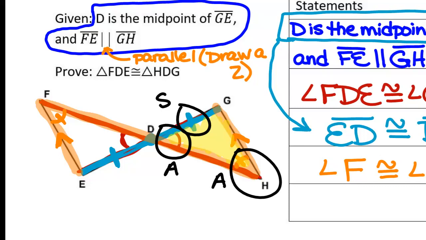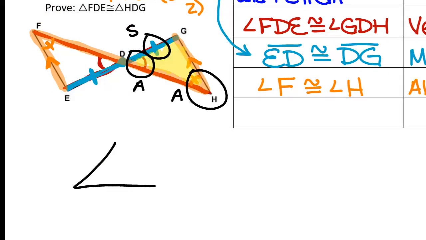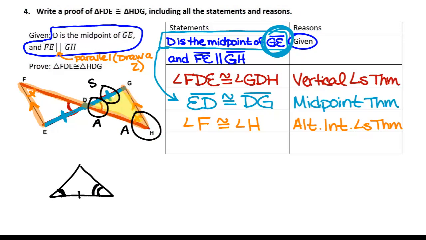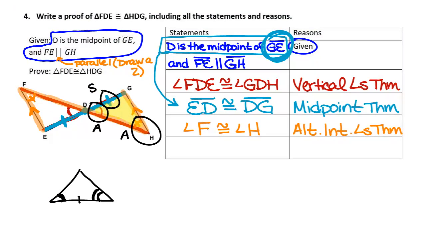That's angle, angle, side. We have to move around the outside of the triangle. I can't go through the triangle to get to the side. Angle, side, angle would look like this: the side is in between the two marked angles. So this would be angle, angle, side. So we're going to say that these two triangles are congruent.